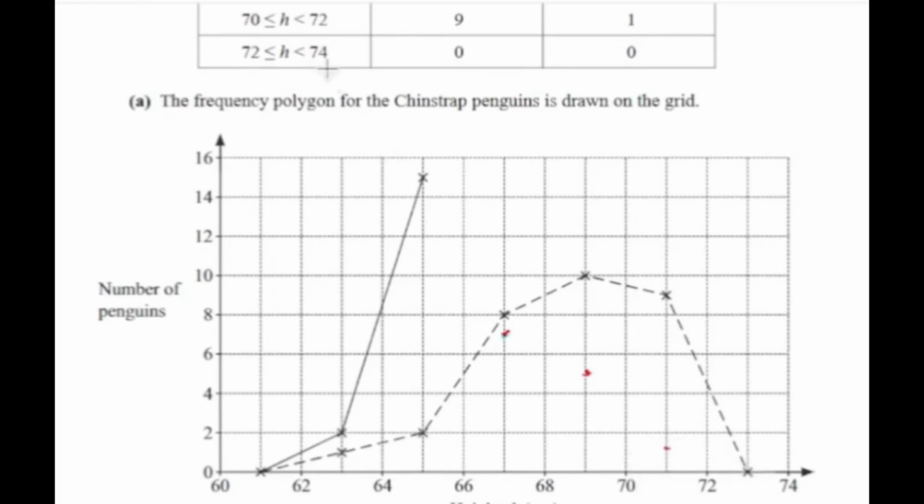Then the last, 72 centimeters to 74 centimeters. We do not have any penguins that fall within that category. So that comes back to here. We mark this point. So what do we do? We simply connect those points, and that's it.